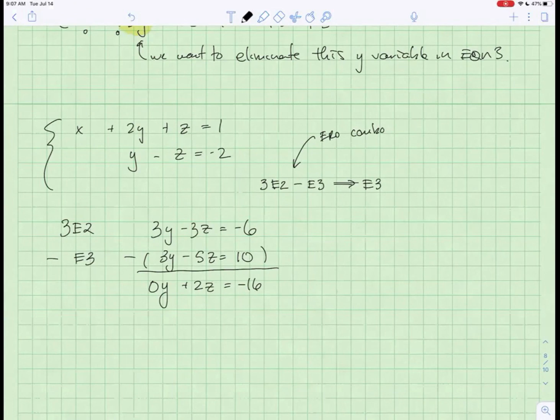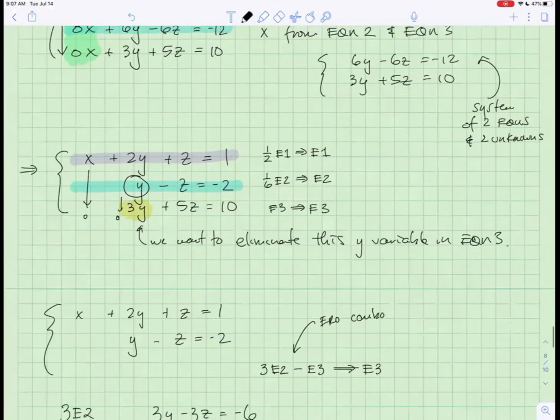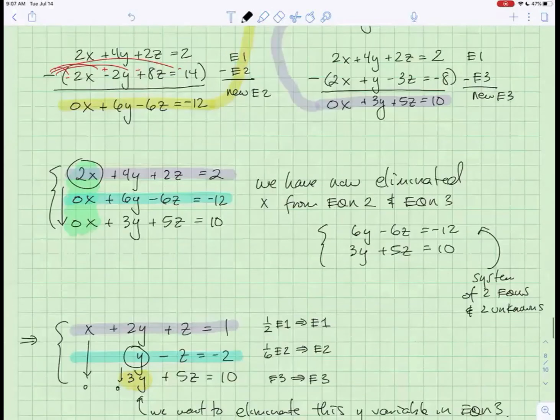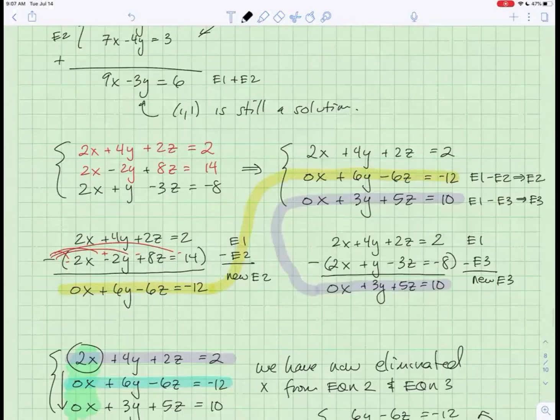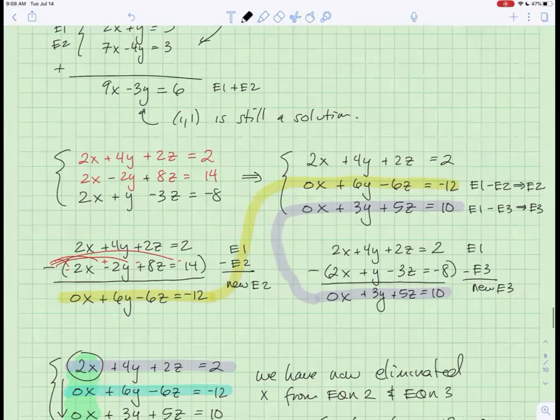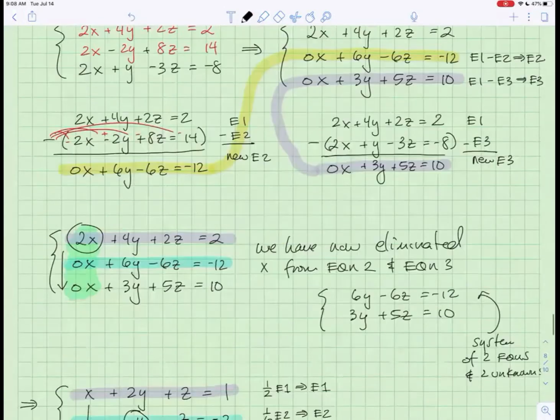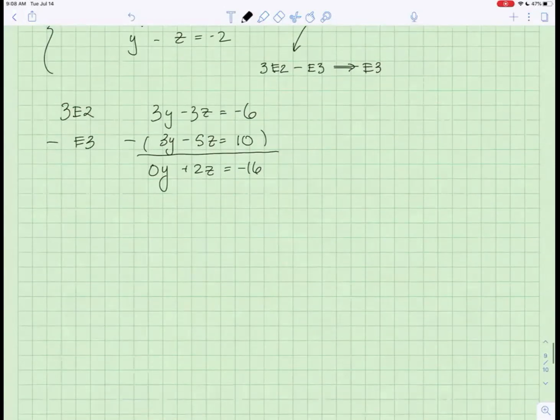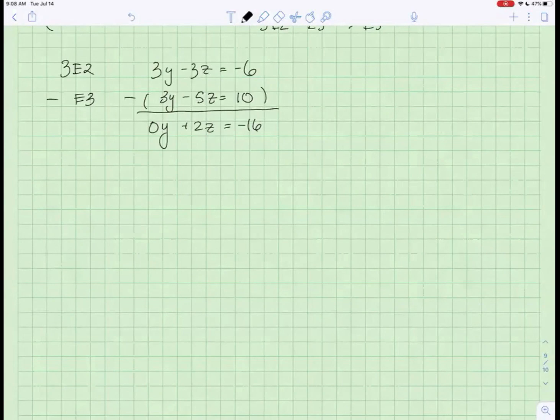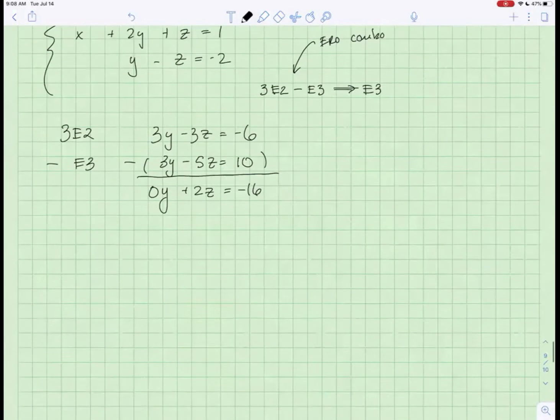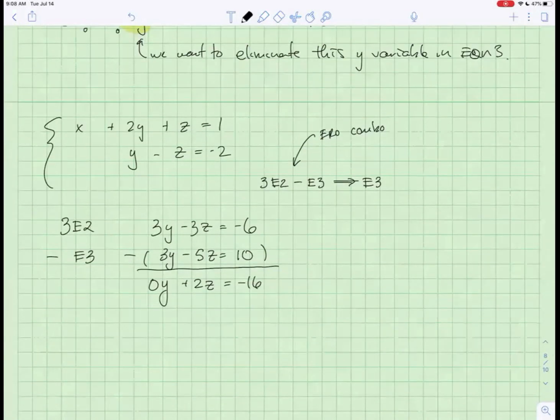And something happened. I flipped a sign here somewhere. Where did I lose it at? I had a -8. I think I have a mistake in here somewhere, but I just want to illustrate this technique. So let's keep going. Isn't the 5 supposed to be positive? It's 3y plus 5z. Thank you.